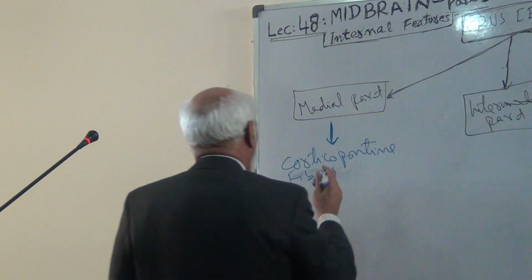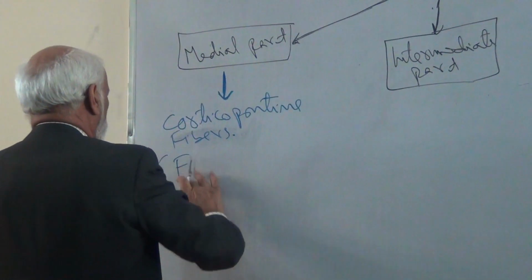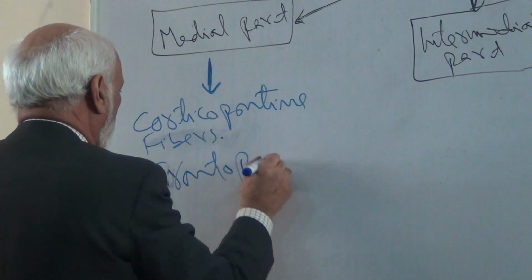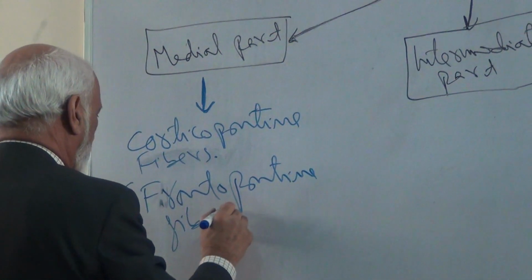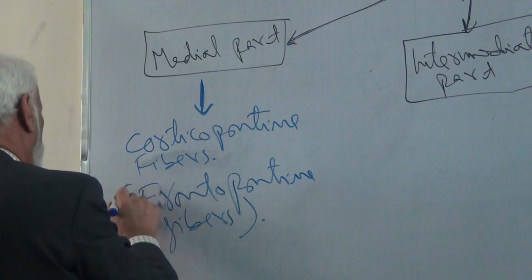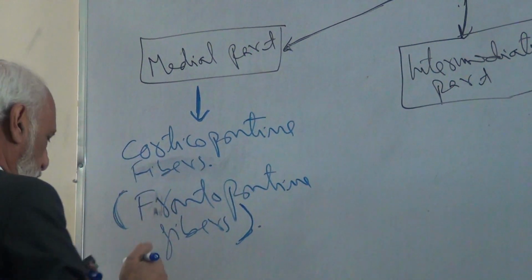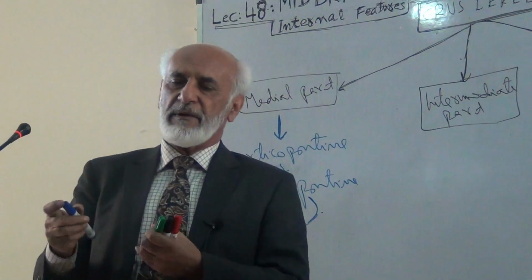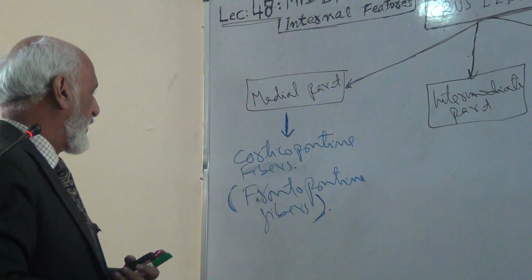So corticopontine fibers are the frontopontine fibers because they arise from the frontal cortex.